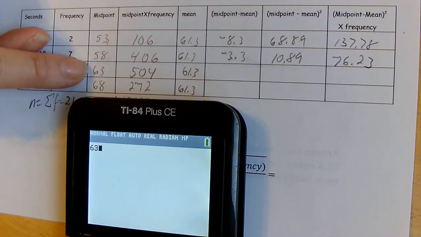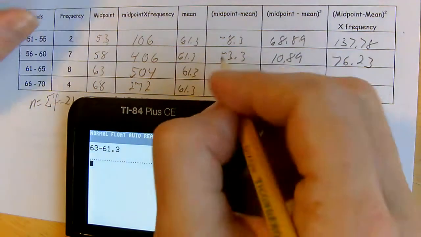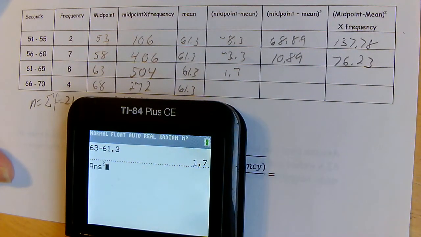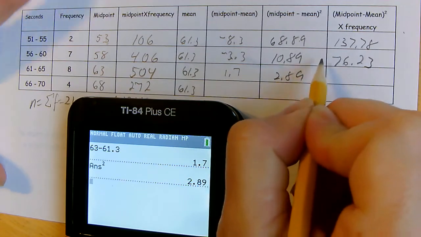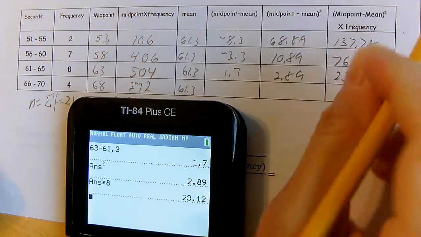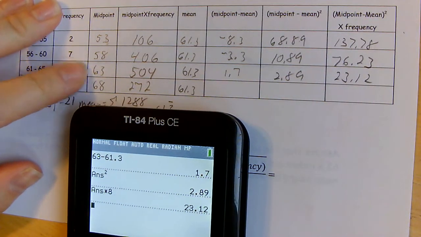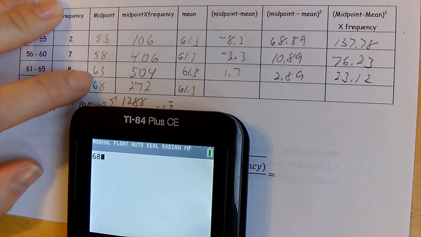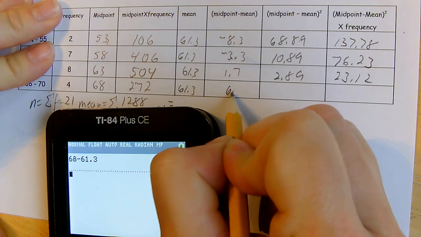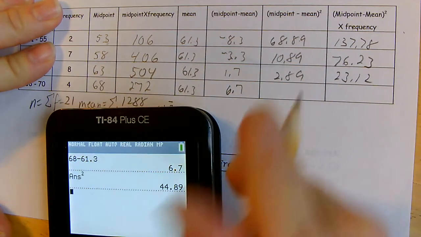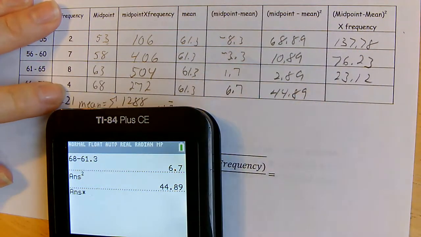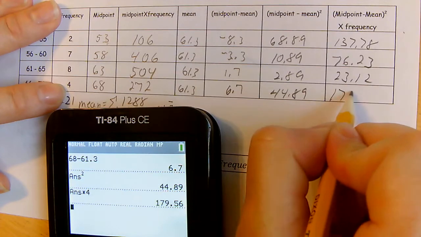So 63 minus 61.3 is 1.7 above average, squared, times a frequency of 8, times that frequency of 4.